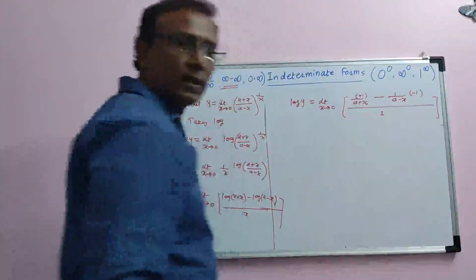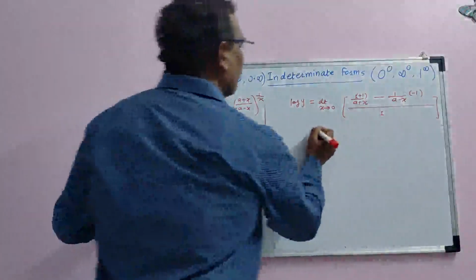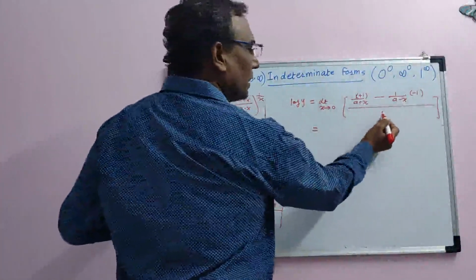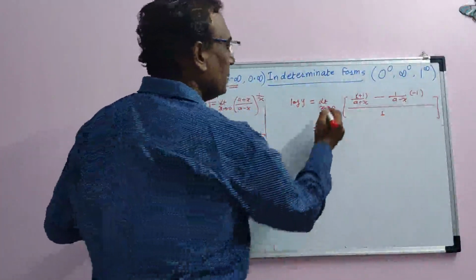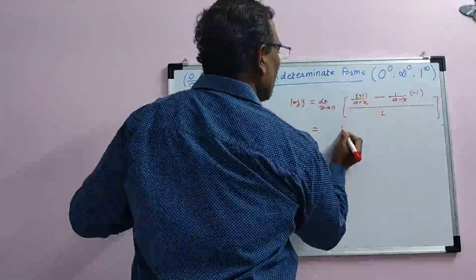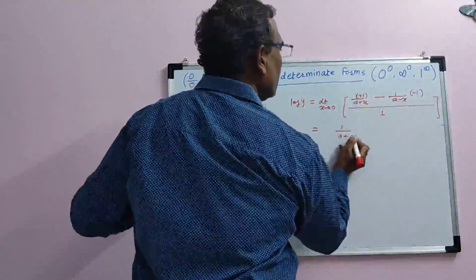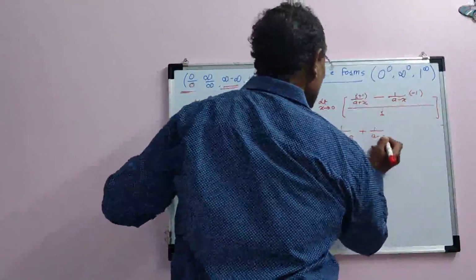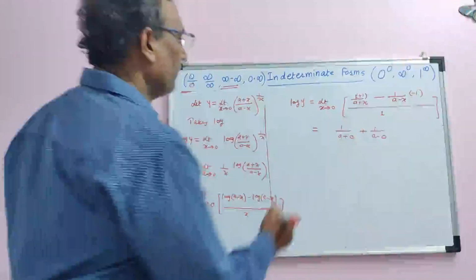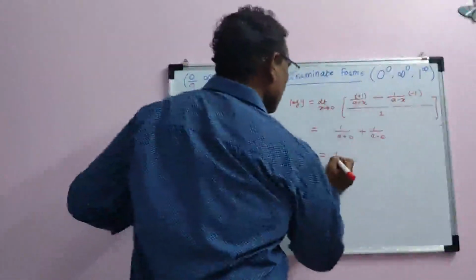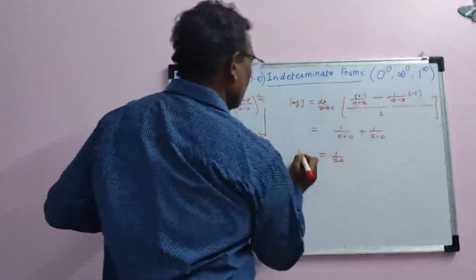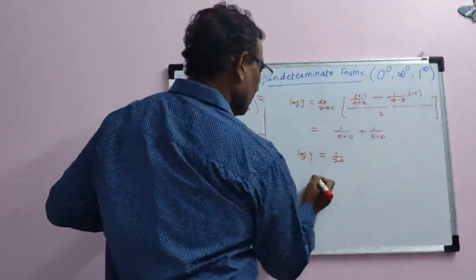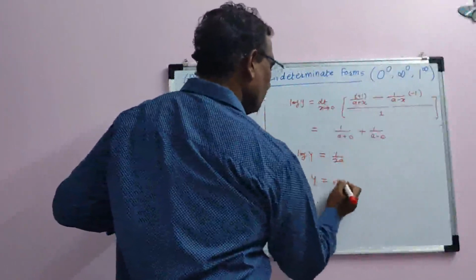Now, in the denominator 1 is there, we don't have a variable, so you can directly put the value of x: 1 by a plus 0, plus 1 by a minus 0. So 1 by a plus 1 by a is 2 by a, giving 1 by a. Log of y is equal to 1 by a. Therefore, y equals e to the power 1 by a.